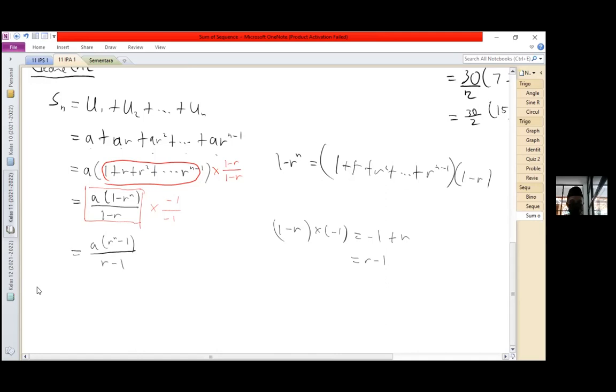Yeah, so the last one is infinite geometric series, or infinite geometric sum. Geometric sum or geometric series.